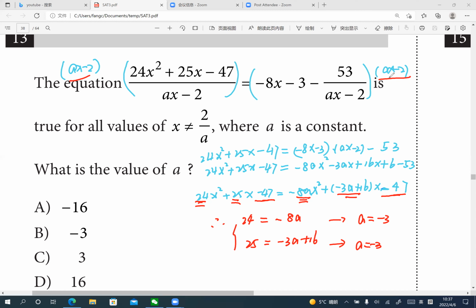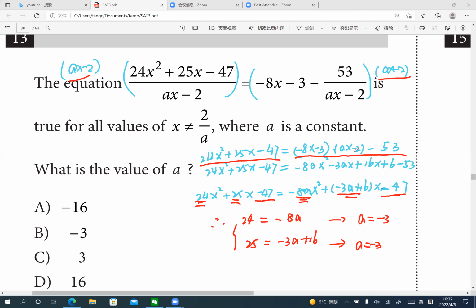We see what we can get. After multiplying by ax minus 2, the left becomes 24x squared plus 25x minus 47. And the right side becomes (-4x minus 3) times (ax minus 2) minus 53. The next step, we simplify each side. On the right side, there are two binomials.